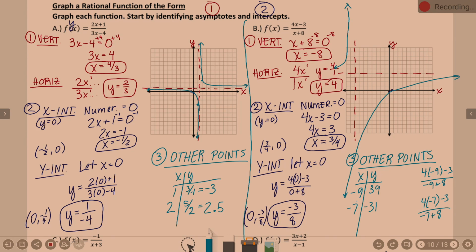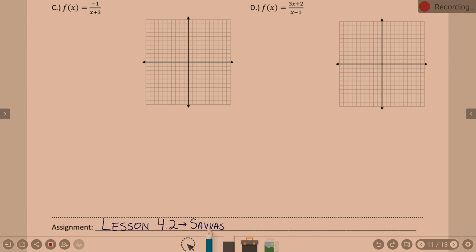Okay, let's try these. Let's try this bottom one here. I know this one's a little wonky with the big numbers, so let's get a little bit more, not big numbers. Okay, you got the process. What are we going to find first? Okay, let's find some asymptotes.